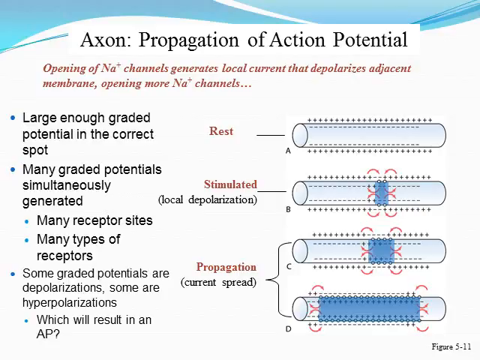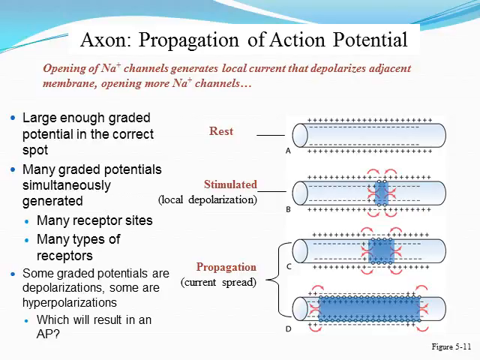Now, notice that the image to the right is showing that moving in both directions. And this is important because this could occur if the sodium channels didn't have that little extension of the protein that inactivates the channels. So we'll talk about that in a moment, because we want the signal to move one way down the axon.